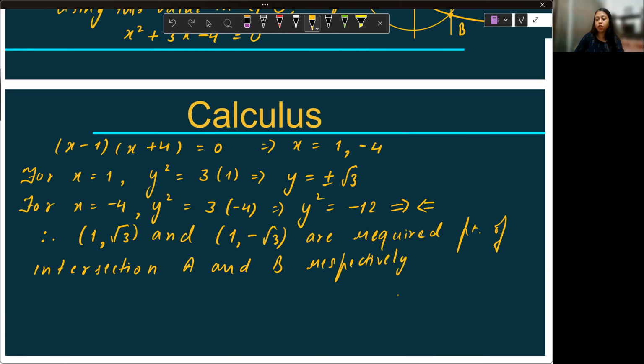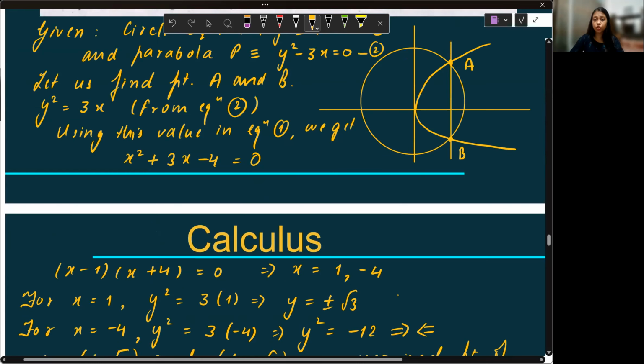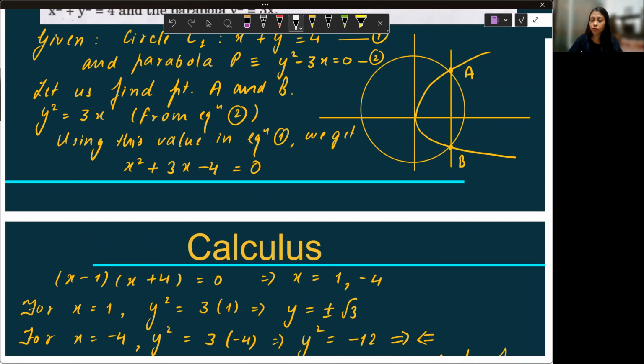Now we can proceed by taking a vertical strip. So I have to take a vertical strip over here, and one vertical strip on this side.